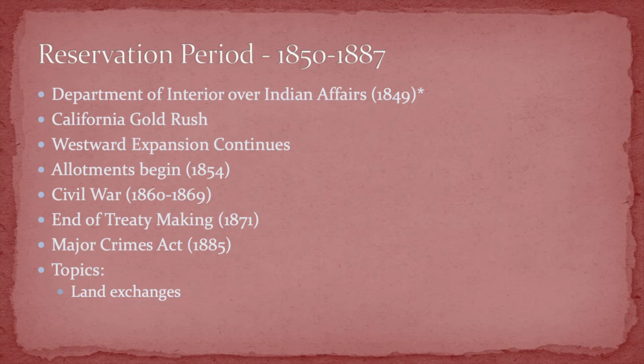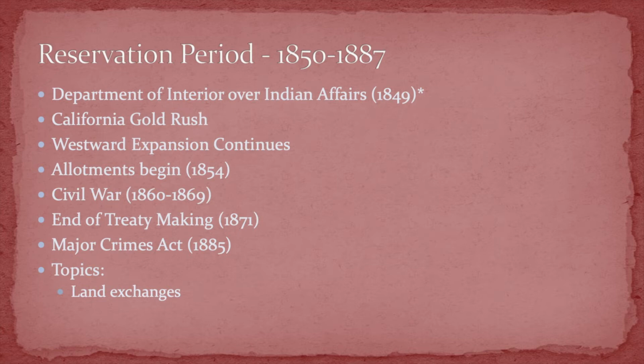So while you have the creation of reservations that are supposed to be solely for the use of those Indian tribes, there's this backdoor allotment that is still trying to gain even the land that has been reserved for tribes, leasing it out, or taking it away from the tribe through its tribal members.